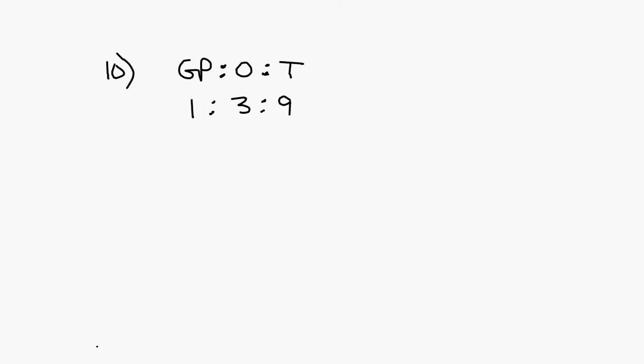If the ratio is 1 to 3 to 9, and you're going to make 156 cups, you set up a formula, 1x plus 3x plus 9x, and you make it equal to the number of cups that you're trying to make, which is 156. Combine like terms. So 1 plus 3 is 4 plus 9 is 13x equals 156.